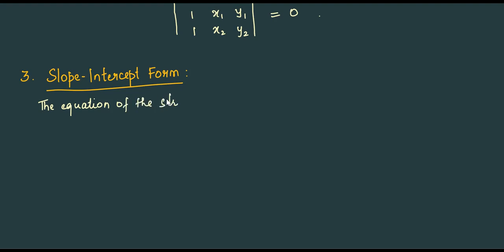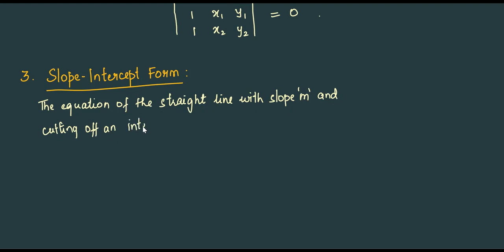The equation of the straight line with slope m and cutting off an intercept c on the y-axis is y equal to mx plus c. Very important result.